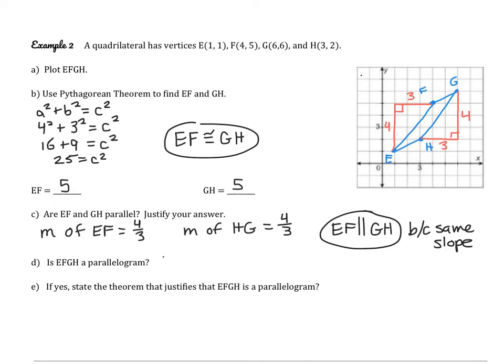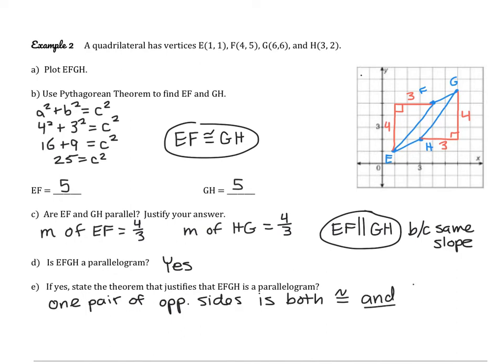So we do know that yes, EFGH is a parallelogram, and the reason why we know is because one pair of opposite sides is both congruent and parallel. So remember, if you can find that one pair is both congruent and parallel, we can state that it is a parallelogram.